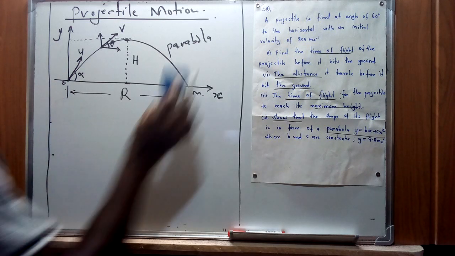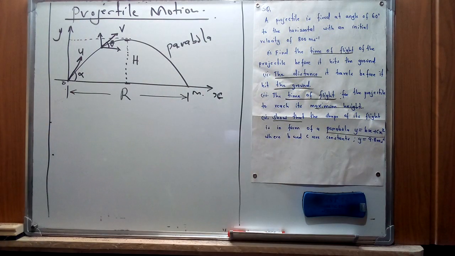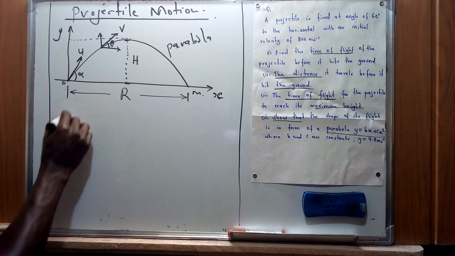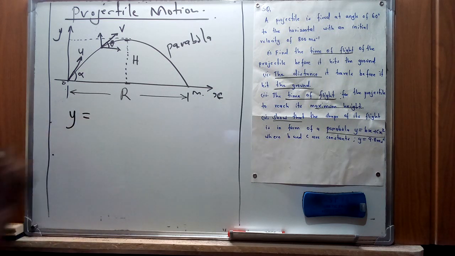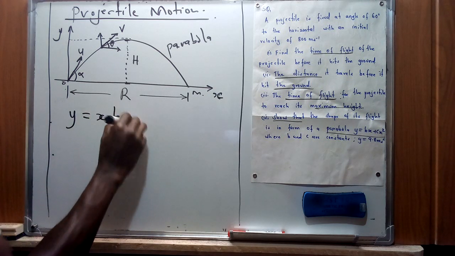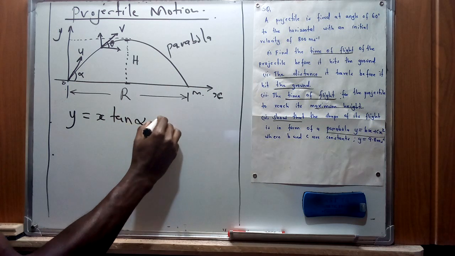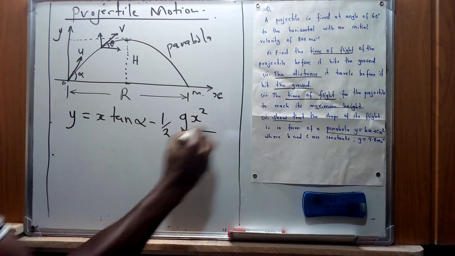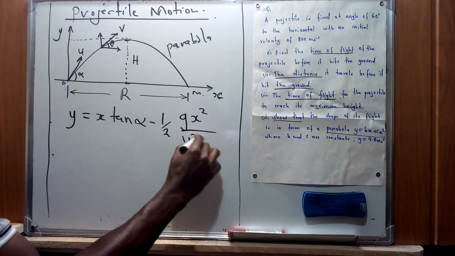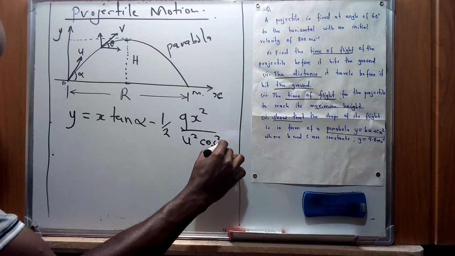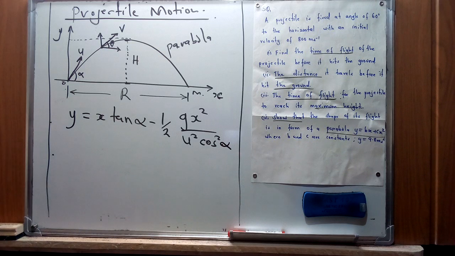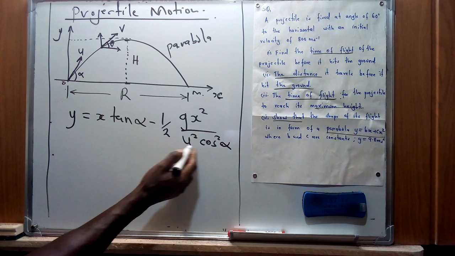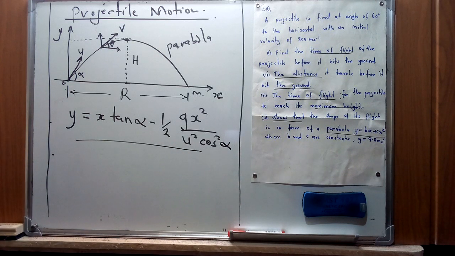So we can give this curve in terms of an equation, and this equation is going to represent the equation of motion of that specific object. It is described as y equals x tan alpha minus a half g x squared over u squared cos squared alpha. So this represents the general formula for describing the parabola, or the travel path, for that projectile.